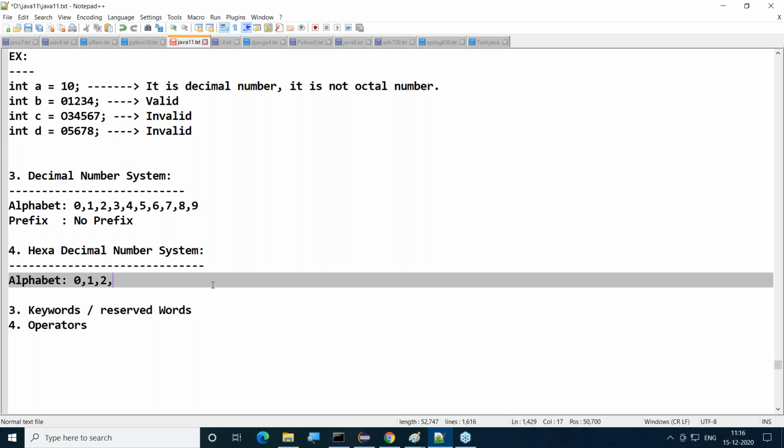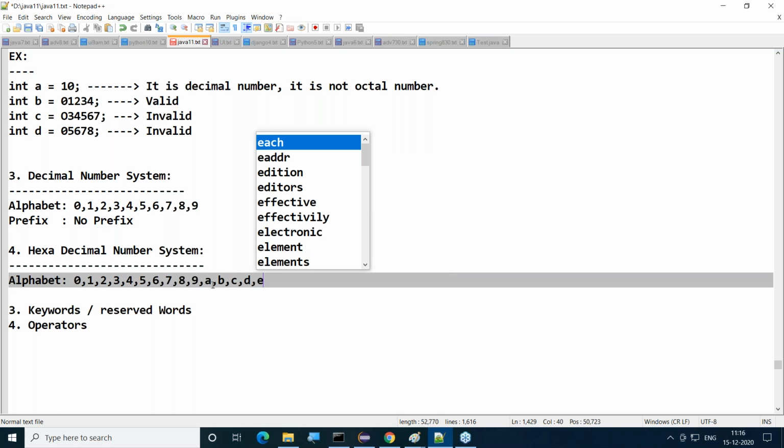It would be 0, 1, 2, 3, 4, 5, 6, 7, 8, 9, A, B, C, D, E. Is F also included or not? Is it E or F? F is also included. Right, that's okay, good.